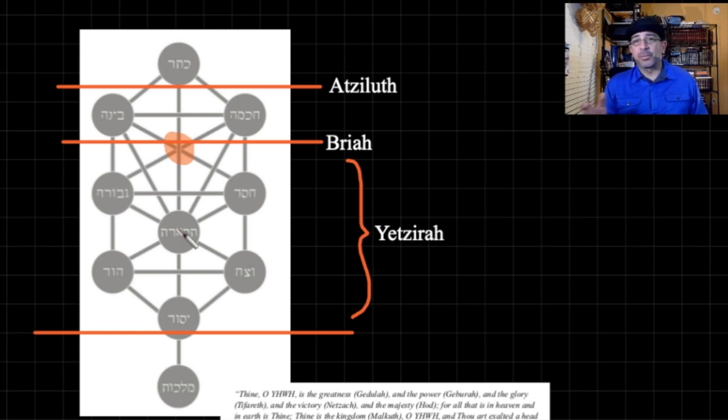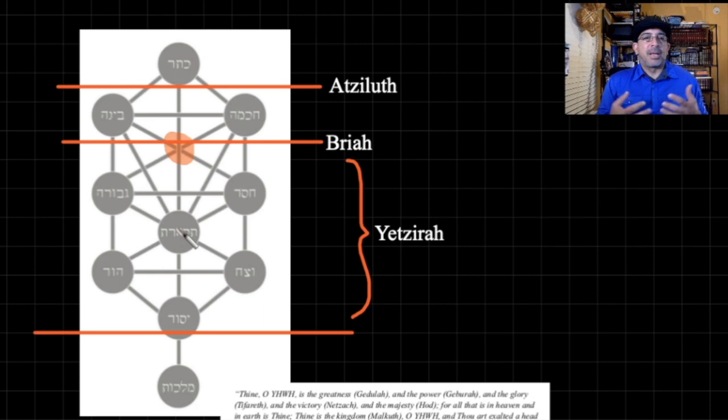The Hakadosh Baruch Hu. So whenever you hear Hakadosh Baruch Hu, it is talking about this Sefirah, this Partzuf called Zeir Anpin, Tiferet, that unifies all these forces of creation into one coherent force.